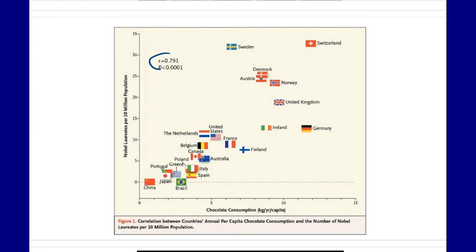We can see that here. So does that mean that all we need to do to have more scientific discoveries in our countries is just to consume more chocolate as a whole? Well, maybe not. There is a correlation because we see that here, but maybe there's not a cause and effect, or a causation.